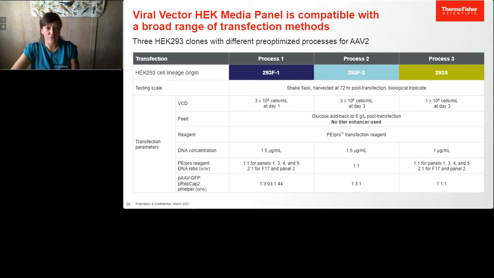Then three different processes were selected with varying optimal seeding densities. All experiments have been performed independently at least 3 times in shake flasks, and we checked our titers using qPCR at harvest.